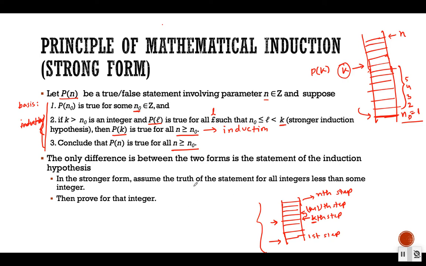But in the stronger form, we have to know that this statement is true for all integers less than some integer, and this integer is k. Then we have to prove that P(k) is true. Then we can say that it is going to be true for all n greater than or equal to n naught.